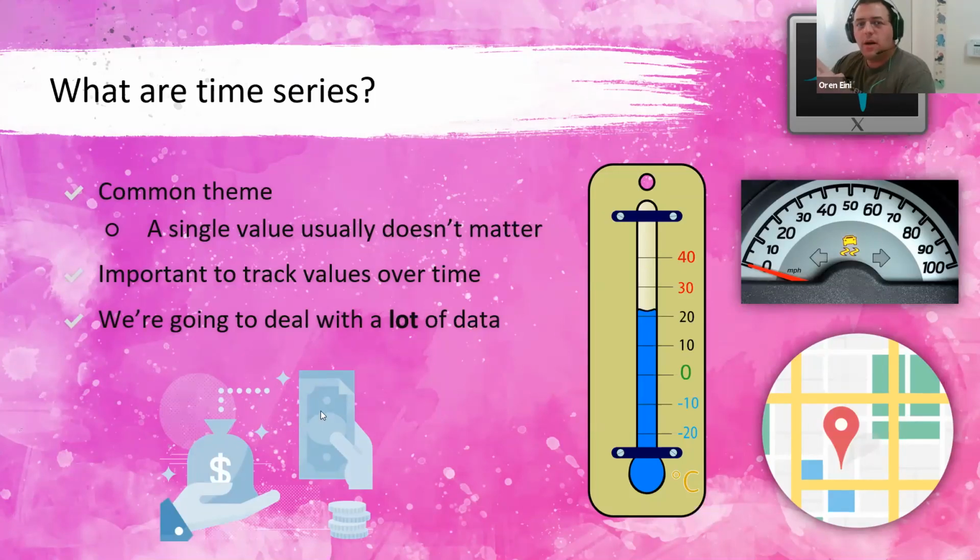The interesting thing about those types of data is that we tend to get a lot of them. And by a lot of them, I mean that we may very well end up with tens of thousands or millions of data points for a single time series. For example, if I'm tracking my heart rate over a period of a few years, it's very easy to end up with millions of data points.